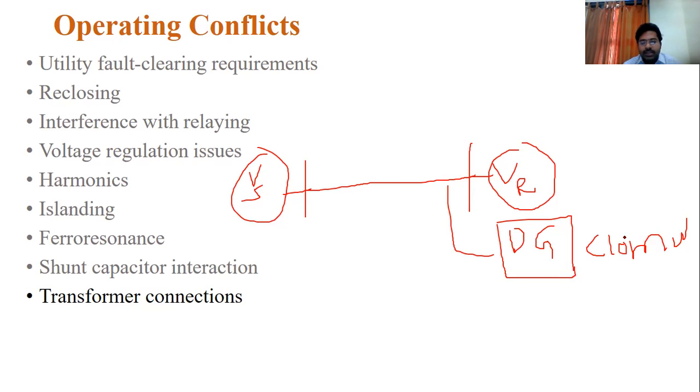Otherwise, we may call it something else. So here we are connecting this plant, and you want to estimate what different problems we are facing, whether you can install this plant in this area and other things. Thus we can consider it an operating conflict.